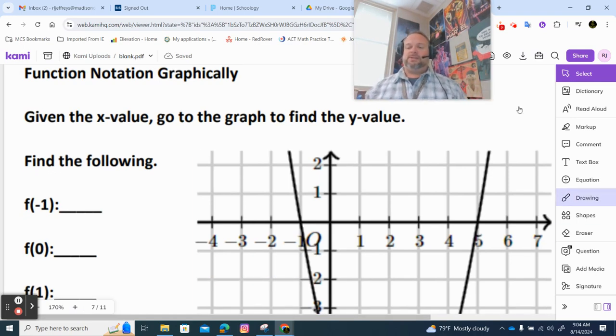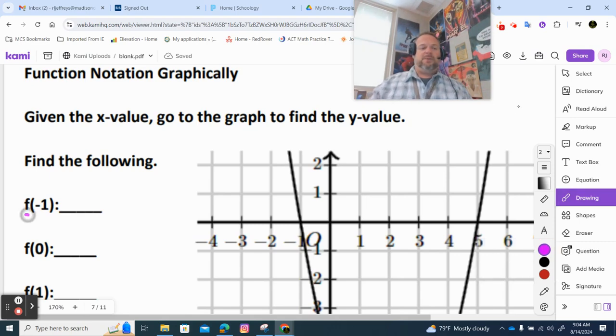So let's watch this. I'm going to do f of negative 1. Where's the x value of negative 1? Right here. Where's the graph? The graph, this bolded dark line. Is it touching it? All right, so what's that y value?